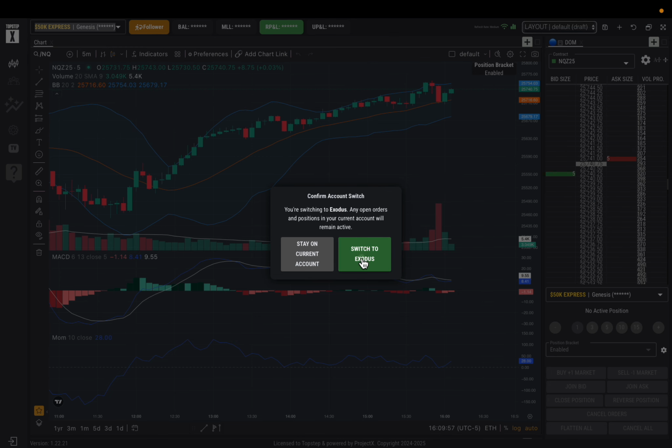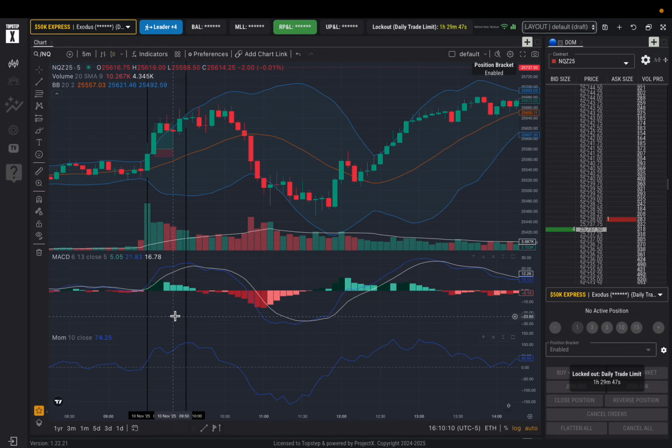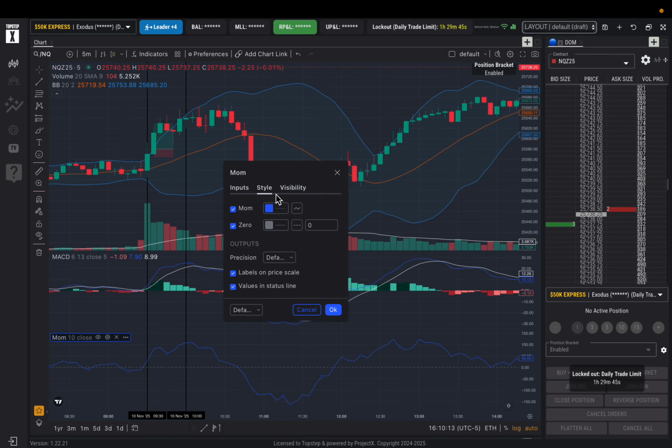So I mean, that's about it. I hope that helped you all a lot. Remember to always look at your indicators. They're going to tell you. These are my settings on the indicators right here.